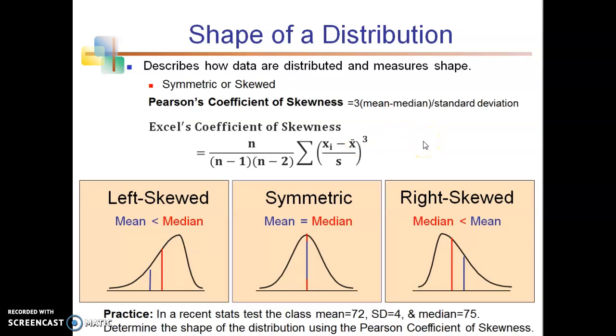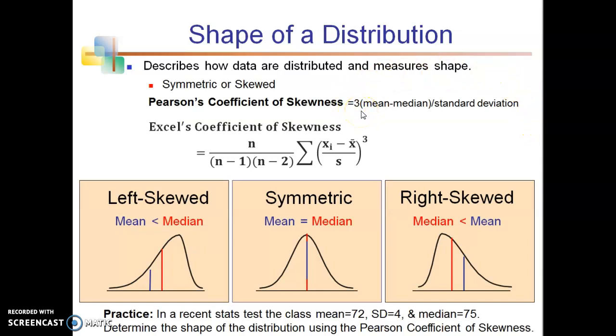Now, the good news is you will never have to calculate this, okay? So don't worry about this formula, don't memorize it, don't even practice it. Excel uses that formula to create the output in its program. This one, however, is a more kind of crude measurement that can help us understand what skewness is. So you do want to understand this.